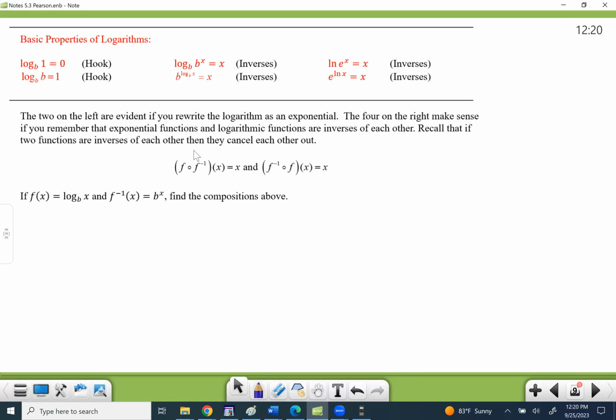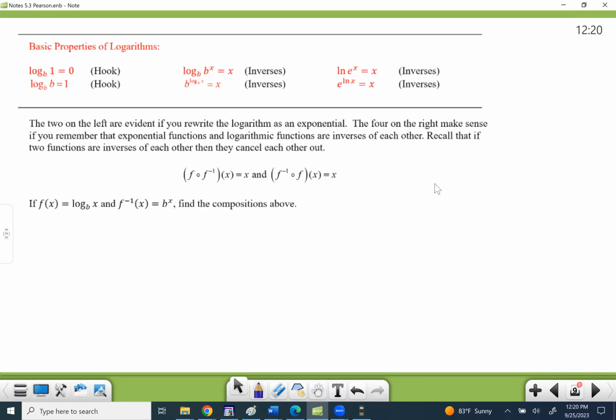All right, the 4 on the right makes sense if you remember that exponential functions and logarithmic functions are inverses of each other. When we first started off this section, we said y equals a to the x. His inverse is x equals a to the y because we switched the x and the y, right? And that became logarithm.